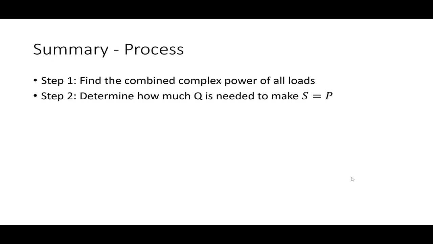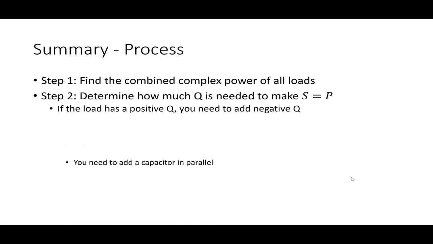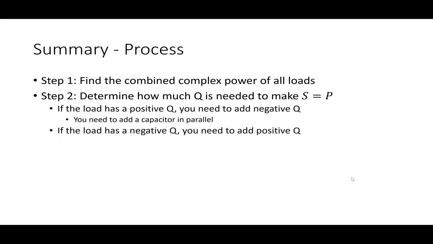But I need to determine how much Q is needed to make the change happen. Basically, if the load has a positive Q, I'll need to add negative Q, which means I'm adding a capacitor in parallel. If the load has a negative Q, then I'll have to add positive Q, which means I need an inductor in parallel.